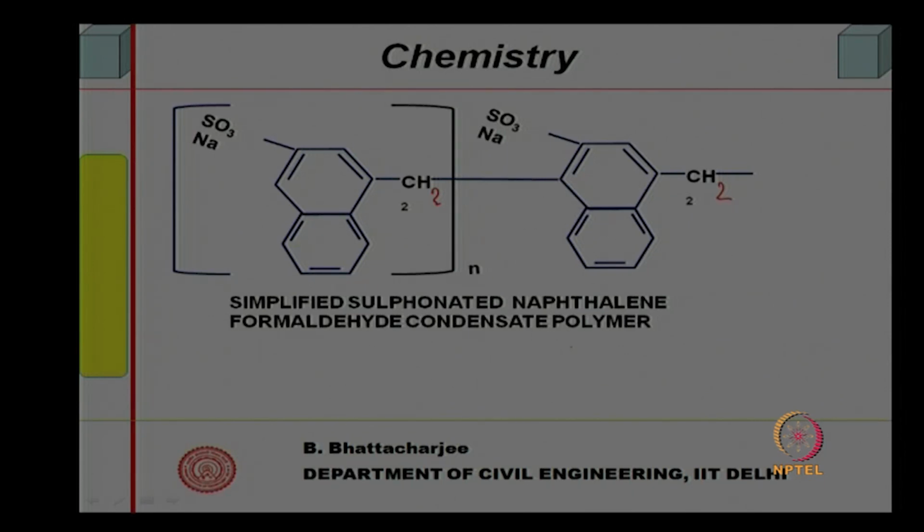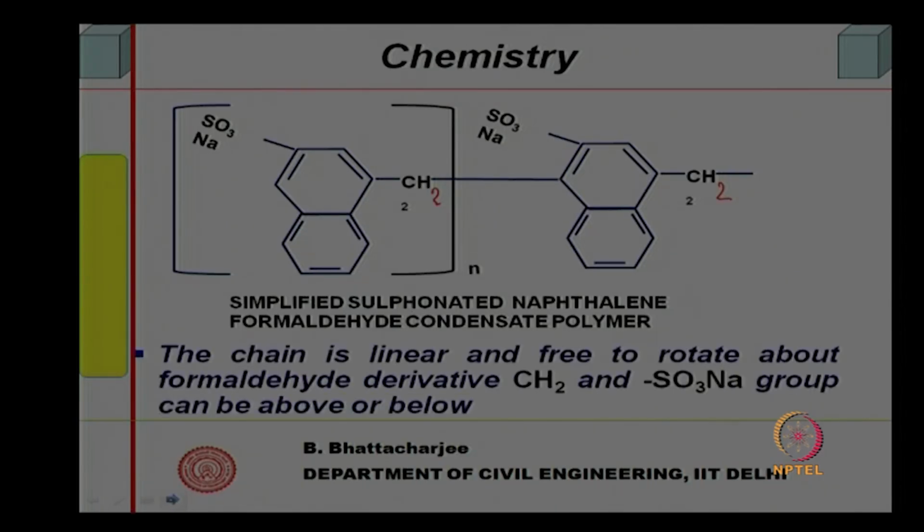So, a simplified structure is shown, and this chain is linear. Several linear chains will be formed, and it is free to rotate about the formaldehyde derivative CH2, and the SO3Na group can be above or below. So, it can rotate about this axis, and therefore this can be above or below.